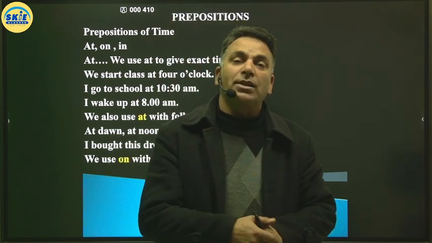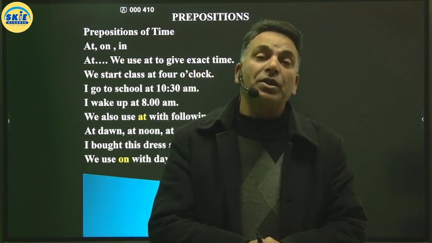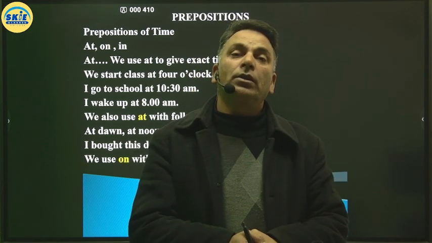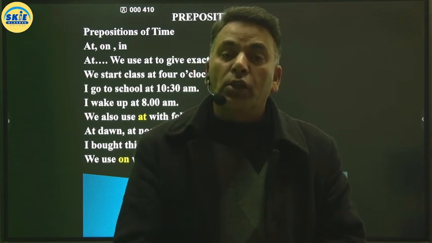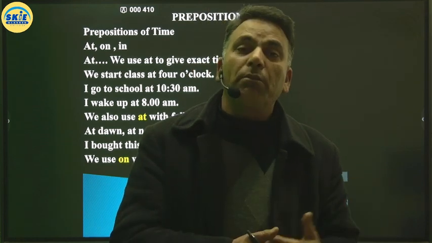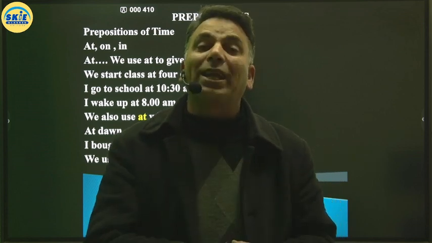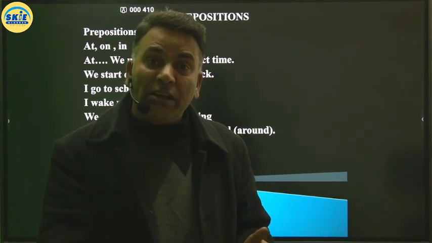I'll meet you on Monday. I'll meet you on 25 June. I'll go there on 15th of this month. So I'm meeting him on Thursday. So when you talk about days and dates, you use on.